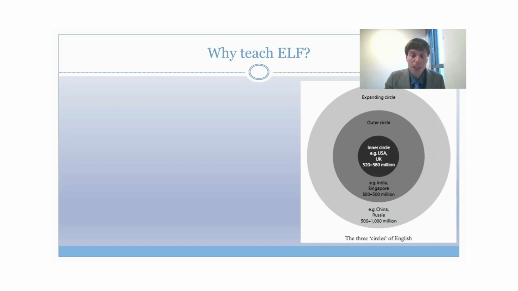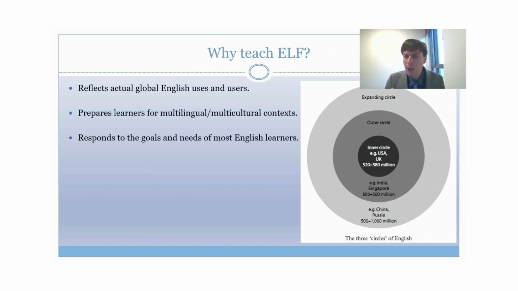And if what this picture is telling us is the truth, then why are we still focusing exclusively on the teaching of idealized native varieties? Because standard Englishes by themselves are not going to adequately prepare students to be English users on a global stage.